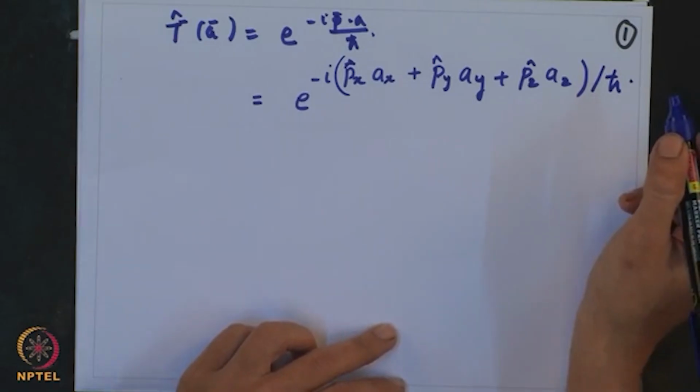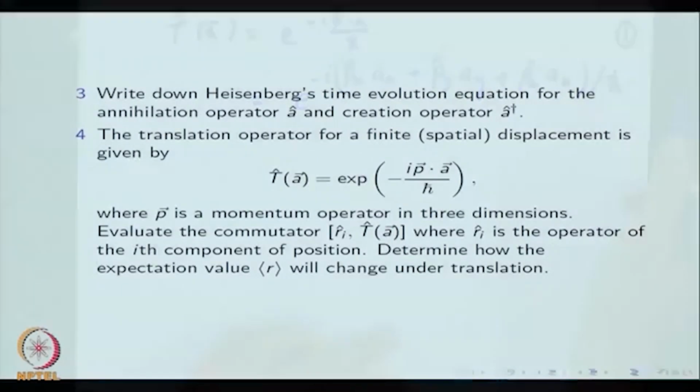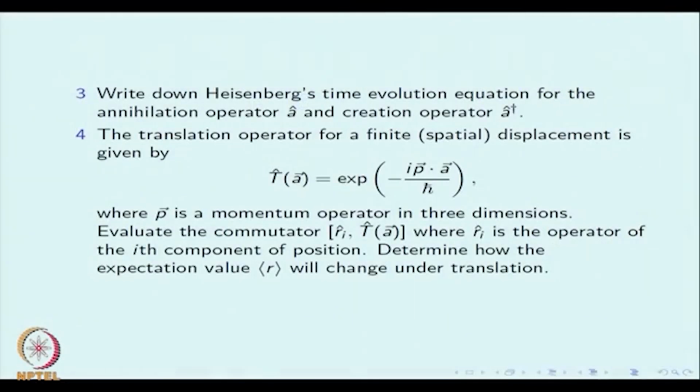So, we are given that p is a momentum operator in 3 dimensions and Ri is a position operator in some certain direction.